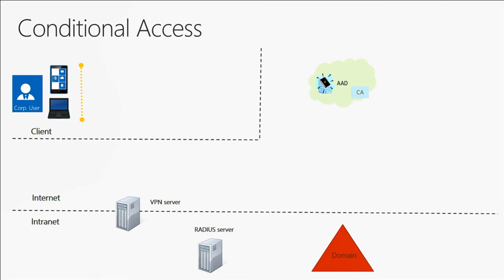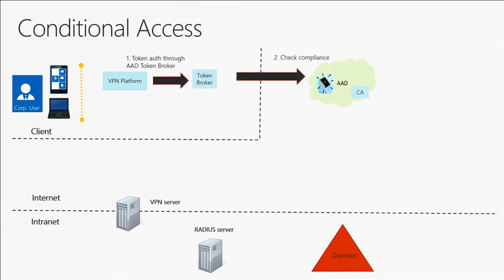So now, say a VPN gets triggered for whatever reason. What will happen is that the VPN platform will start an authentication with AAD via the token broker on the system. During this particular token authentication, this can also be configured to make sure that the token has the MFA claim.